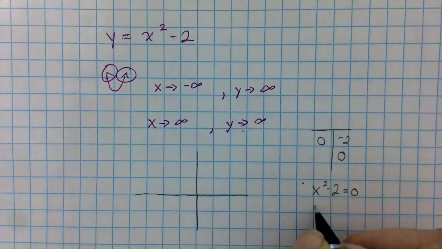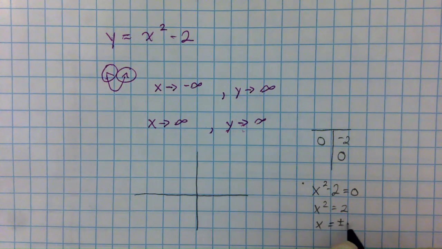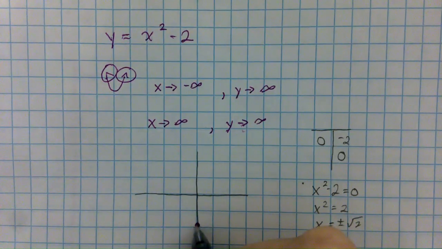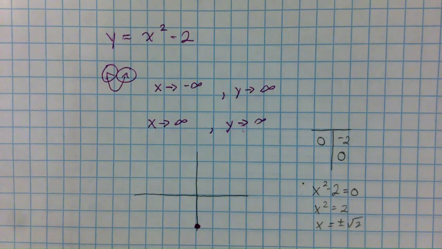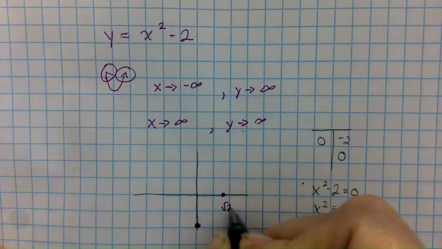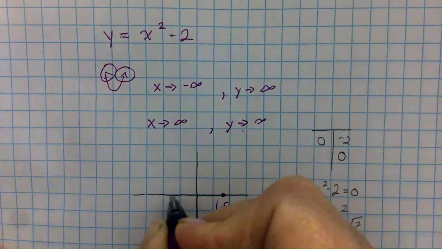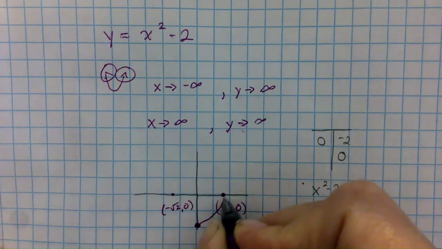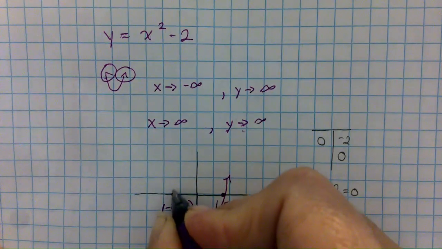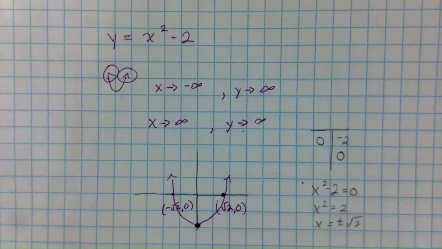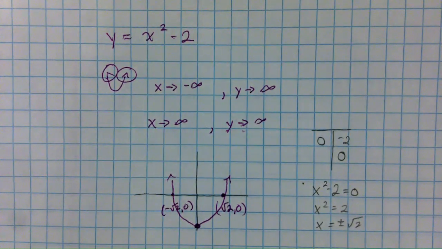If I were to solve this, I'd add 2, and then I'd square root both sides, plus or minus the square root. The square root of 2 is a decimal. It's bigger than 1, smaller than 2. So I would encourage you to clearly label this as root 2 comma 0 and negative root 2 comma 0 when graphing, so that we can clearly see what's going on. And it makes a parabola, which is symmetrical, so that's a nice thing as well.